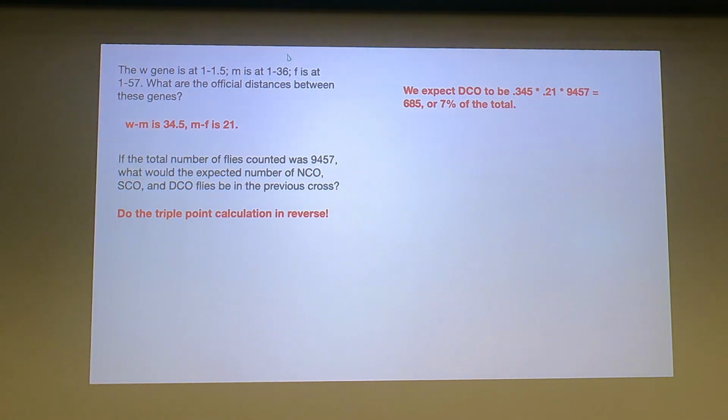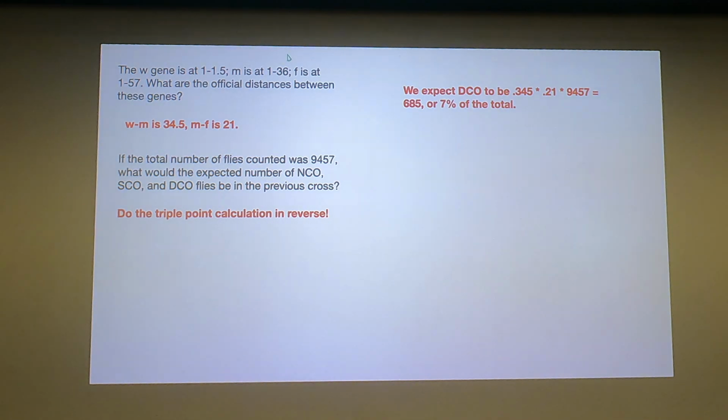So what we would do is we would expect the double crossovers to be that times the total number of flies that we're looking at, 9,457. So we should have expected to see 685 double crossover flies.